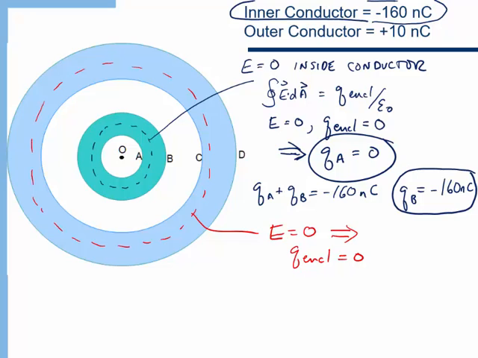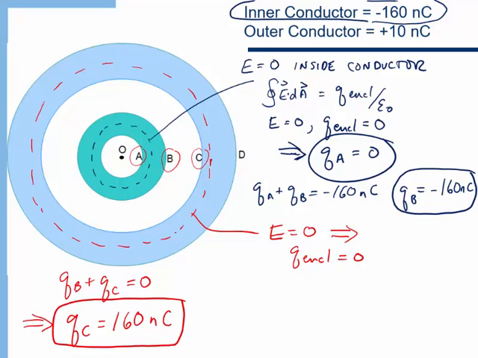Therefore, QB plus QC has to equal 0, because the charge enclosed by my red dotted line here is the charge on surface C and the charge on surface B. We know that the charge on surface A is 0. Therefore, since I know QB is negative 160, that tells me that QC is positive 160 nanocoulombs.